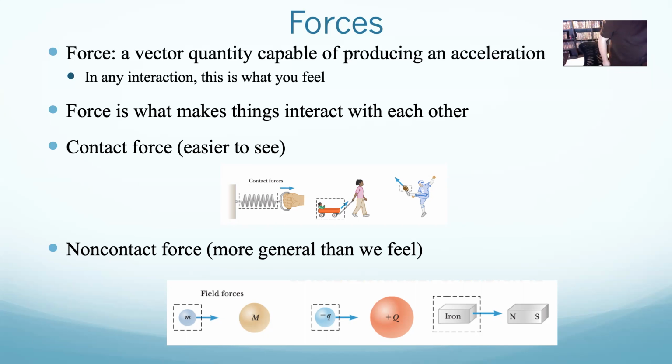Magnets doing that is just one of the 3 types. There's also gravity. If you drop something, the earth doesn't have huge hands that show up, grab it and pull it down. It just drops. And the third one is electrostatic forces.